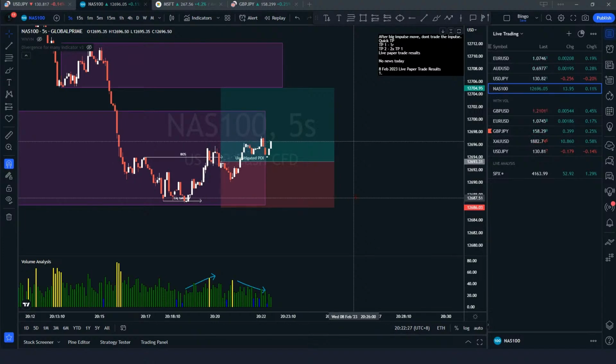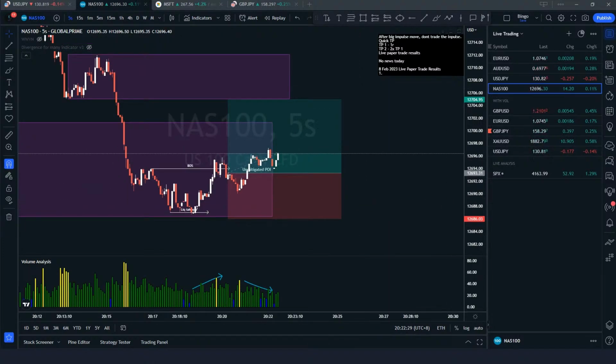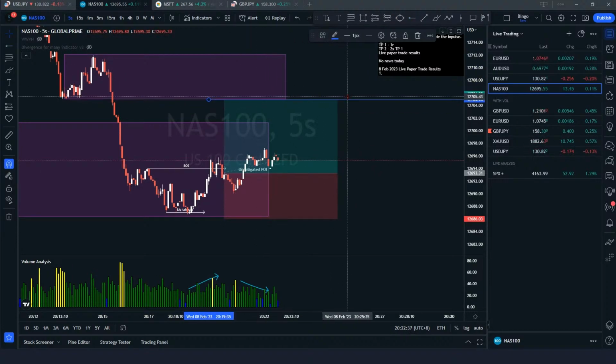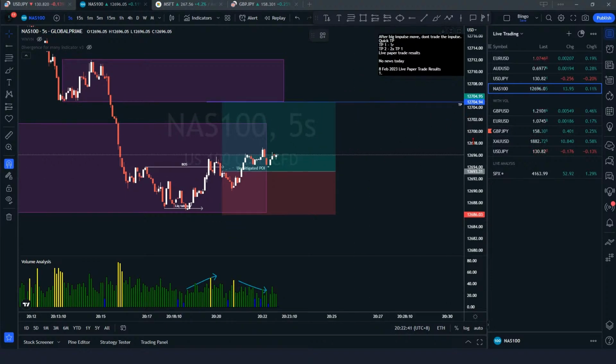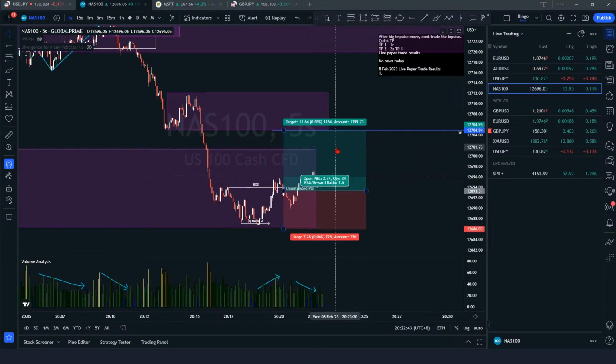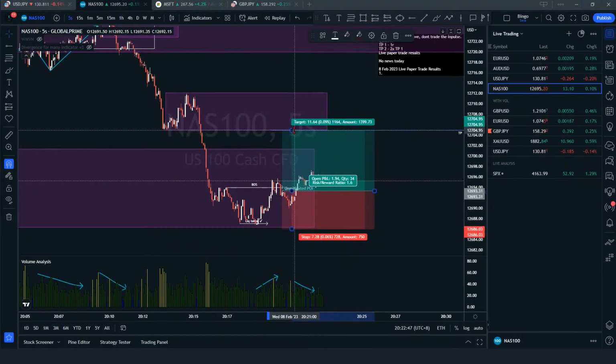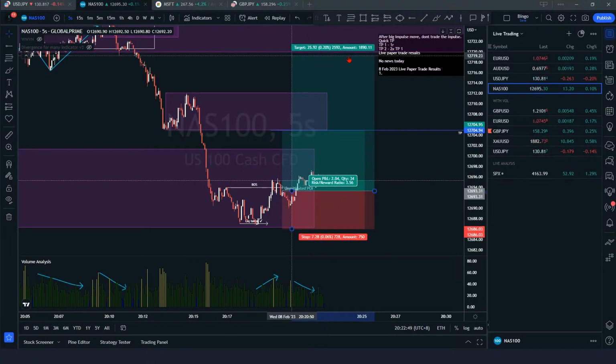But anything can happen in trading. So let's see. I'll be taking 50% off here if price comes up, right? First target is here. Second should be around this area.